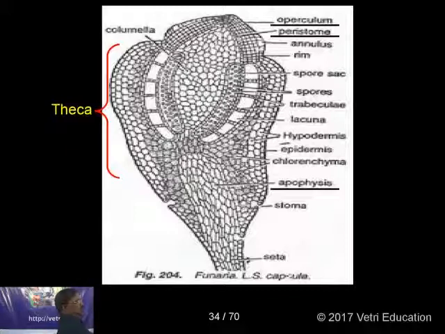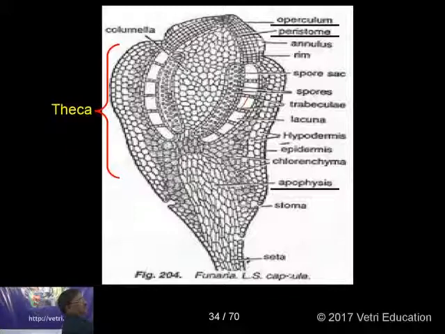The sporangia have gaps, air spaces, and trabeculae for supporting purposes, like a stabilizing substance. And inside you can find the spore mother cells. They undergo reduction division and form haploid spores.